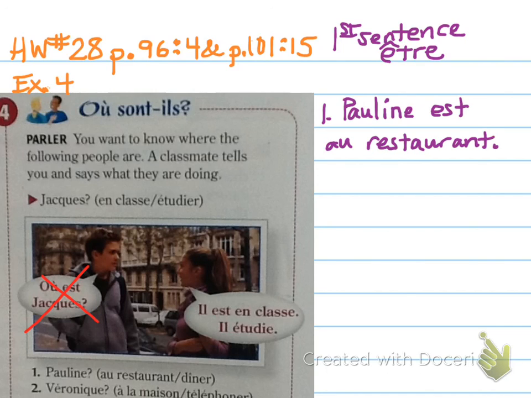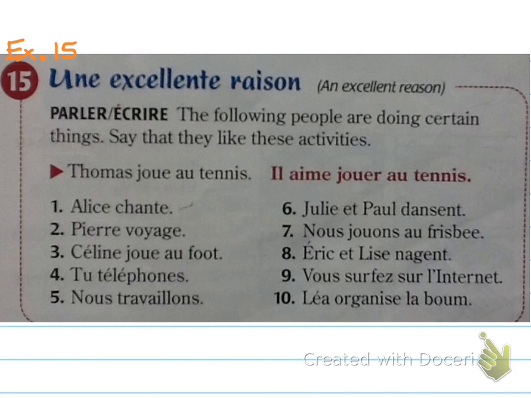And then elle, because I don't want to write Pauline's name again, and I could have even put elle here if I had wanted. Okay, elle dîne, ending in an E because the subject is elle. So you're going to write out the 2 sentences like that for the 7 of those.